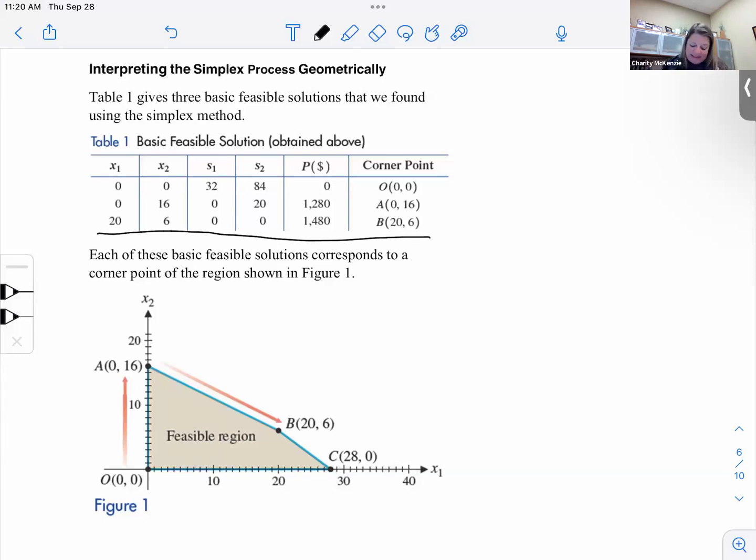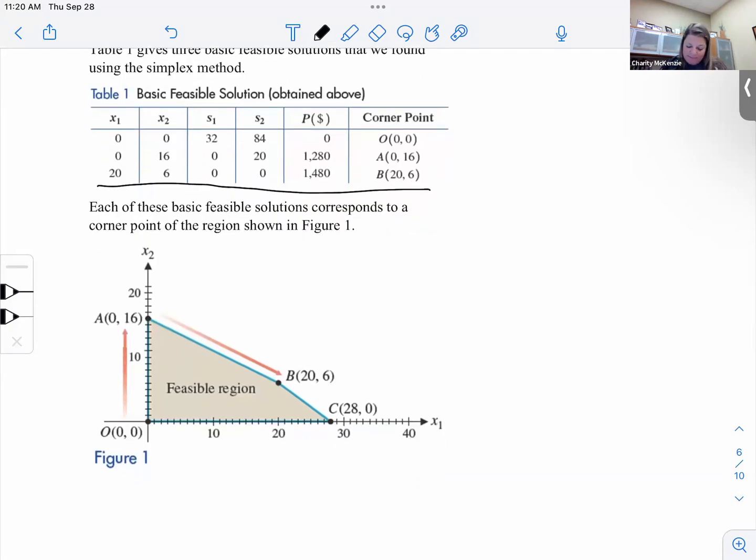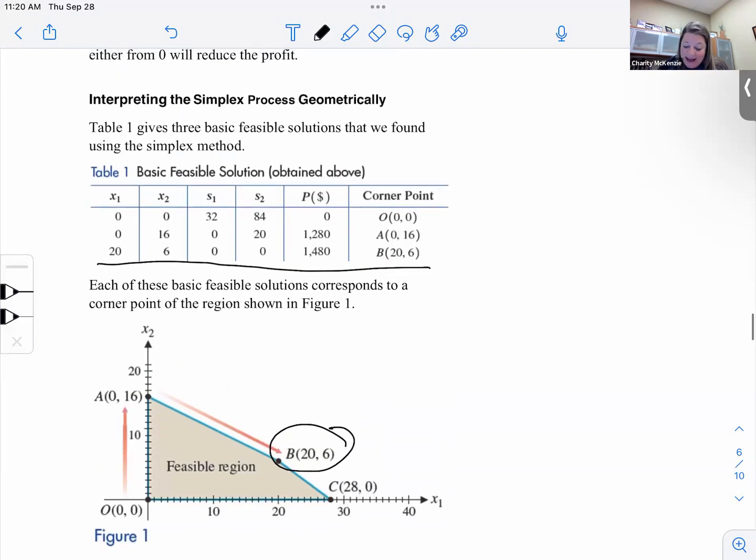And it's basically showing you what the graph looked like and everything. So this would end up being your most profitable situation. Can you do them all by graphing? Oh, no. That's why we have this method. We cannot do geometric representation of all of them, or we would.